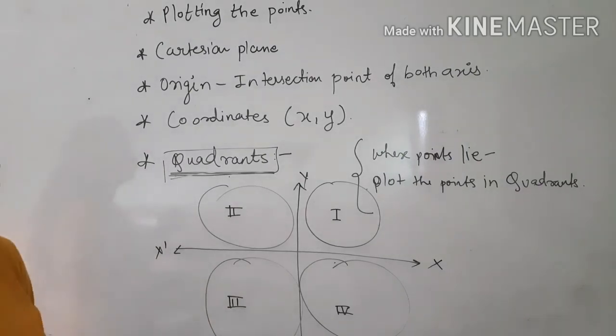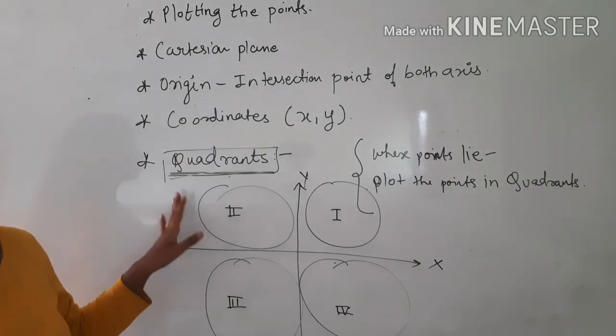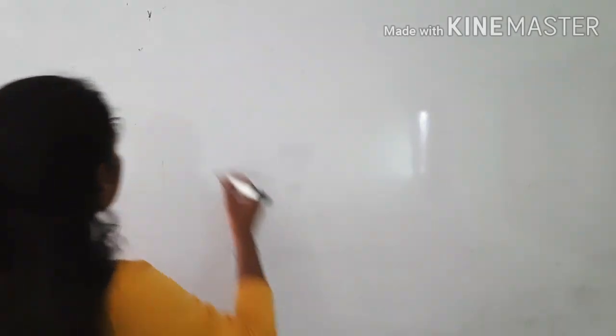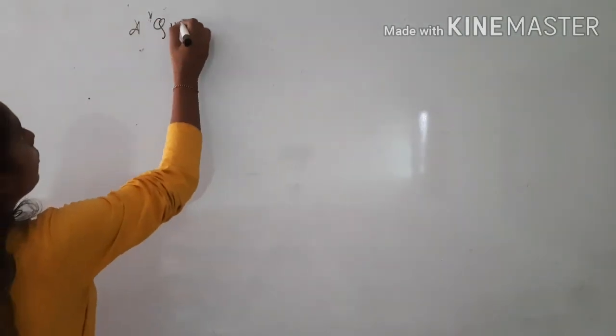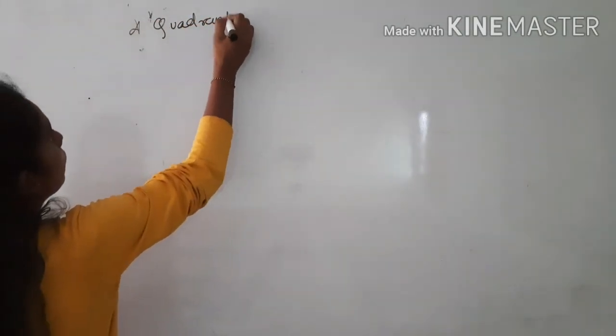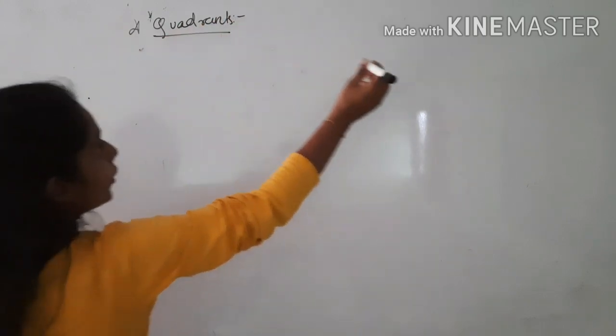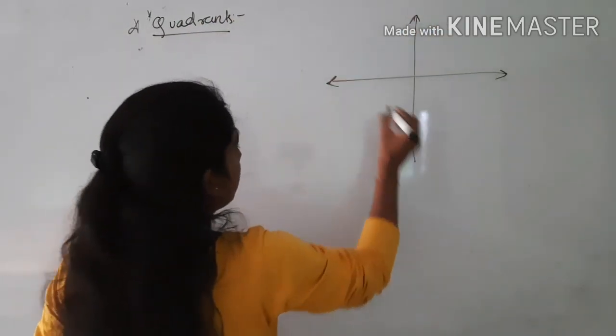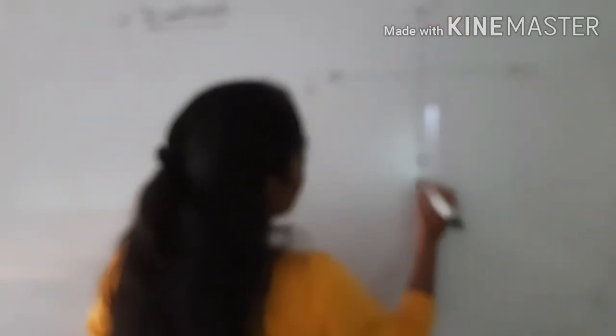These are the two questions which come from this section. Now we shall see how to plot the point about quadrants, or what are the things we should know about quadrants. We learned about quadrants that are drawn in the four planes formed by the x-axis and y-axis.